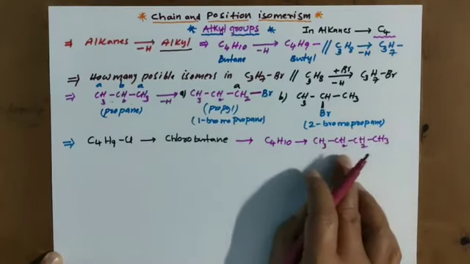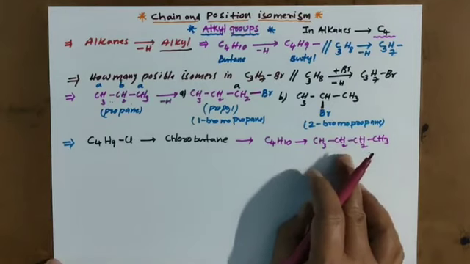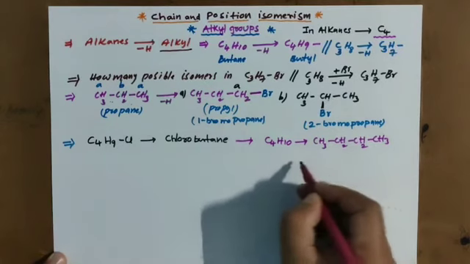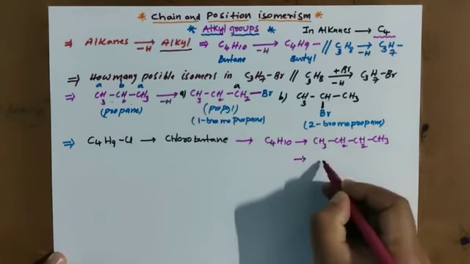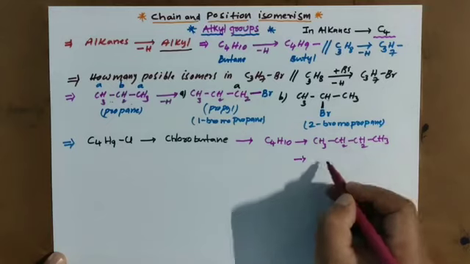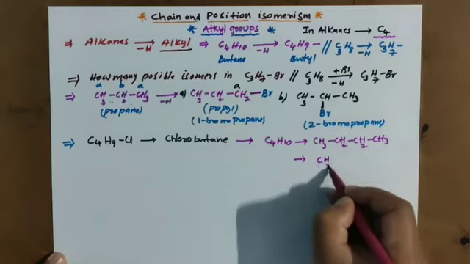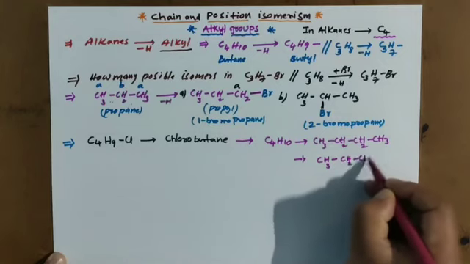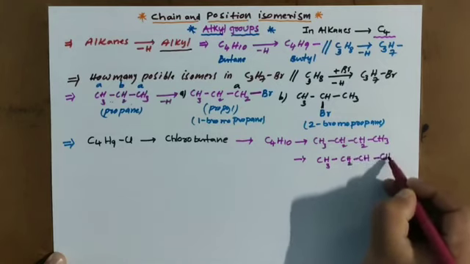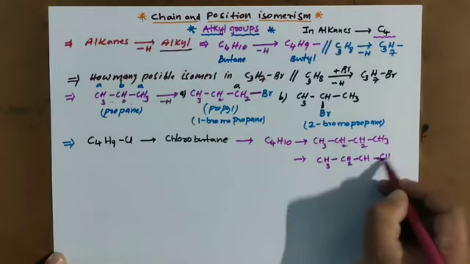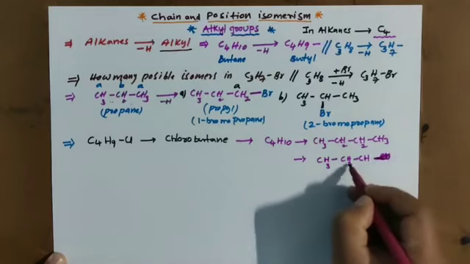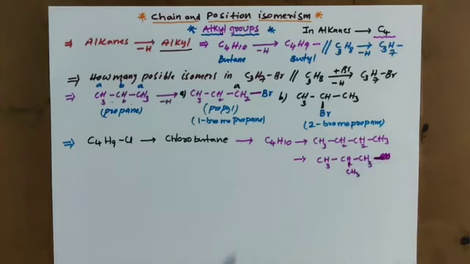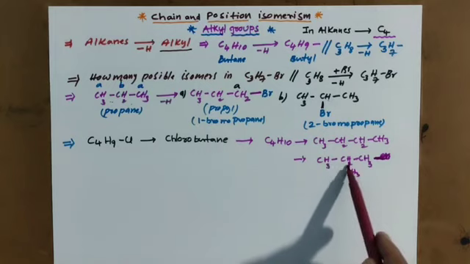This is n-butane, which we discussed in the last class. So one we got is n-butane. And we can rewrite this into a different one: isobutane. CH3, CH, CH3, with a CH3 on the CH.